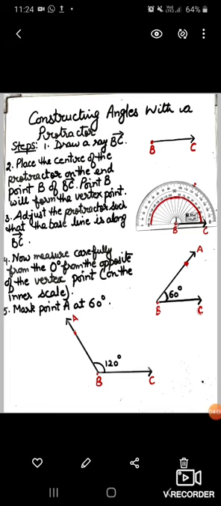On B we will put the center point of the D, that is the protractor, and adjust the protractor such that the base line is along the ray BC. Now measure carefully from the 0 degree, opposite of the vertex point, on the inner scale.